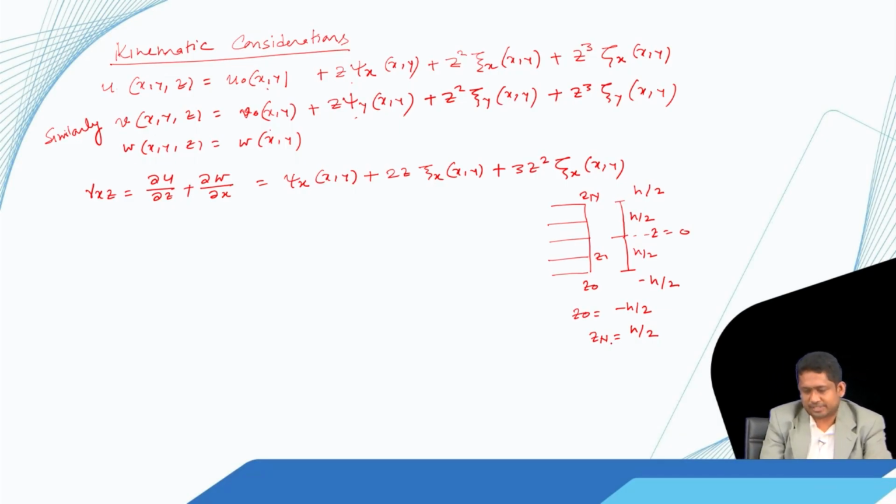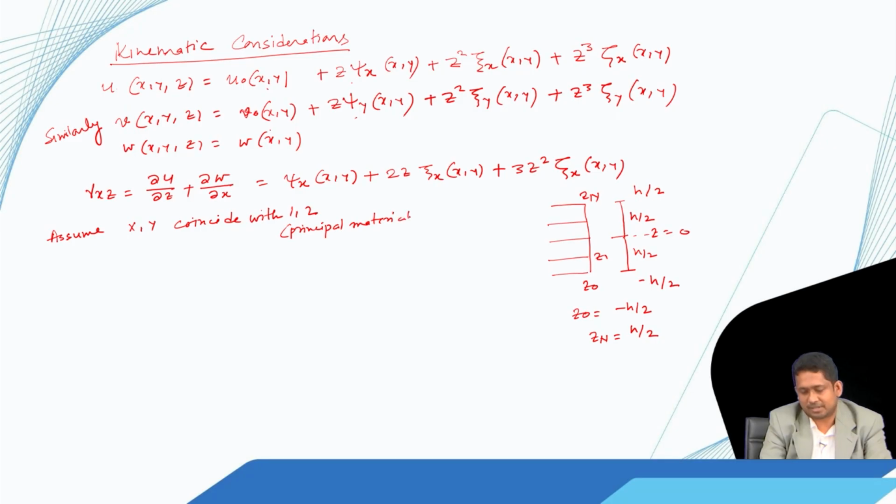And also for the time being, let us assume that x and y coincide with 1 and 2, and as we know, 1 and 2 are the principal material directions.